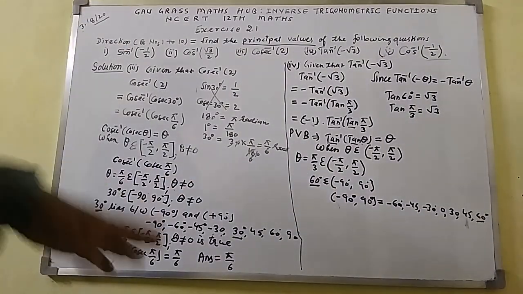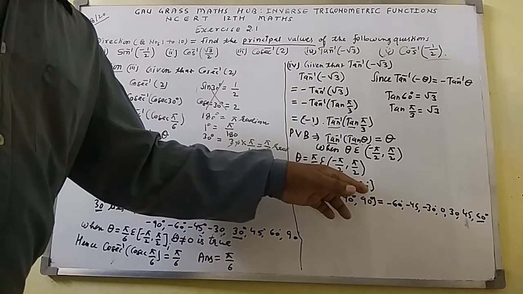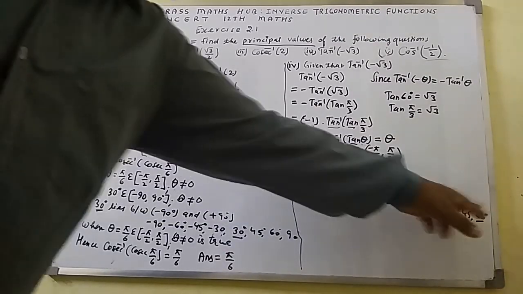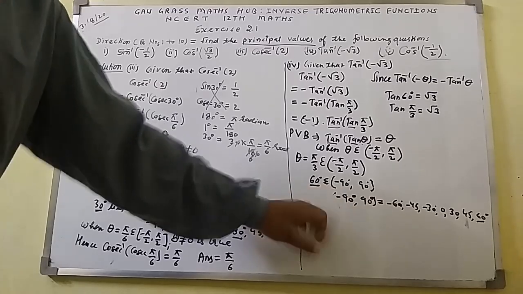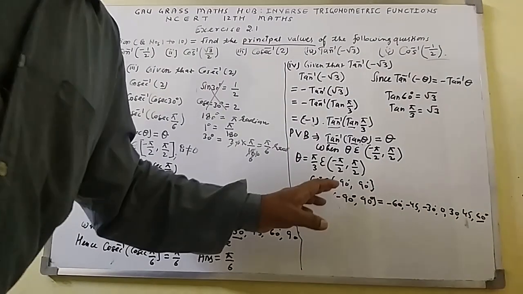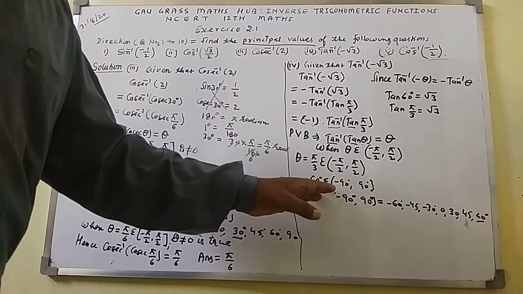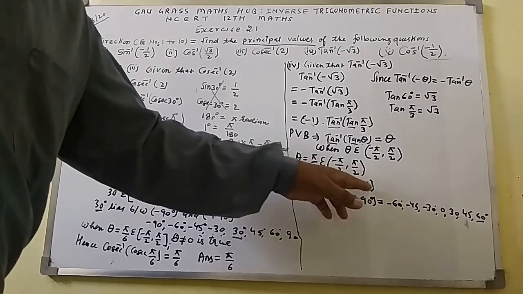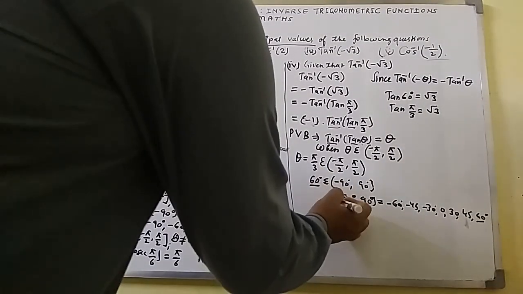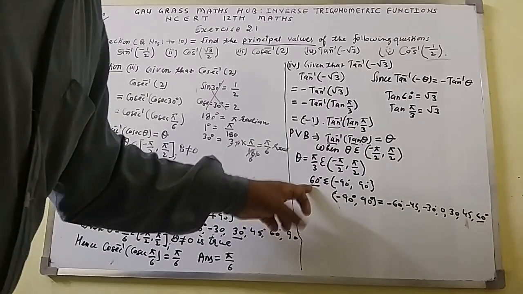I have done nothing but expand the open interval minus 90 degree comma 90 degree, open interval, and it becomes this term. In this term you can see 60 degree is there.